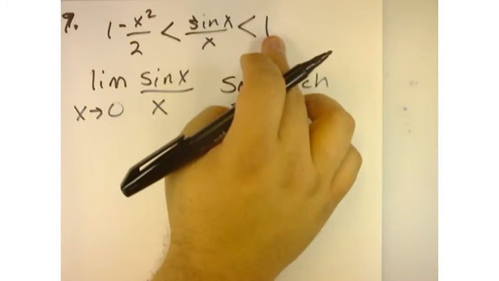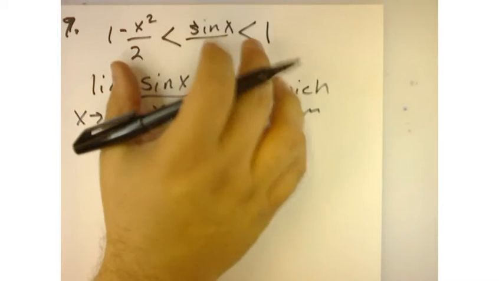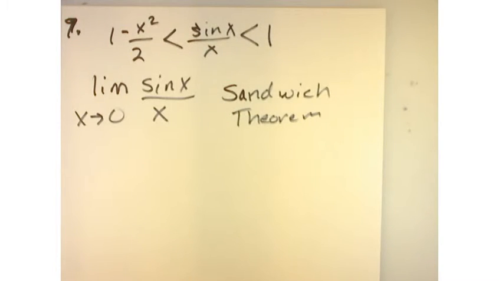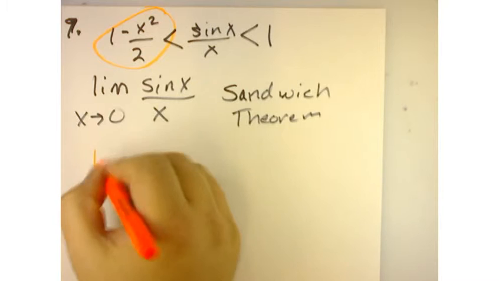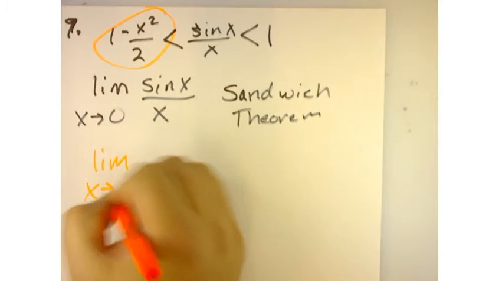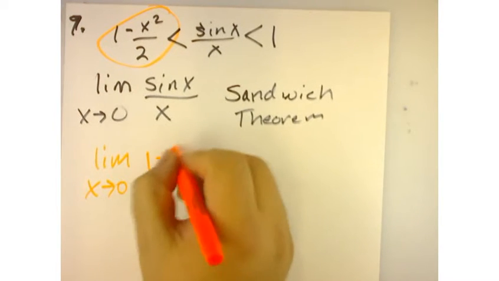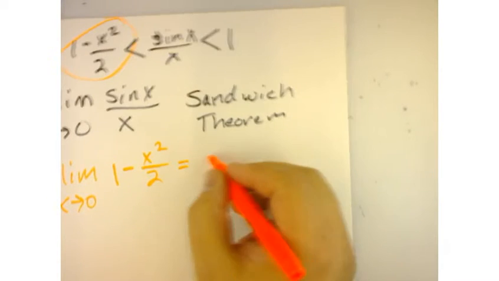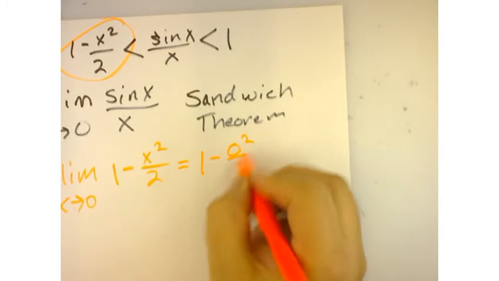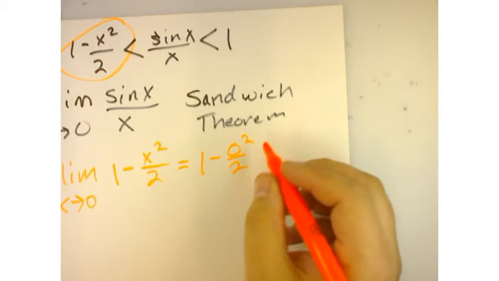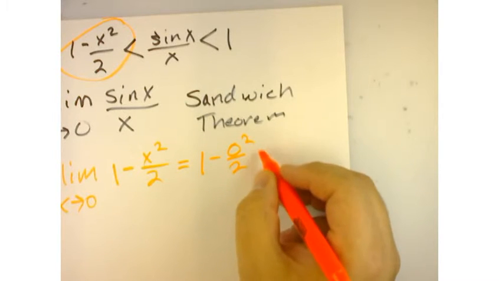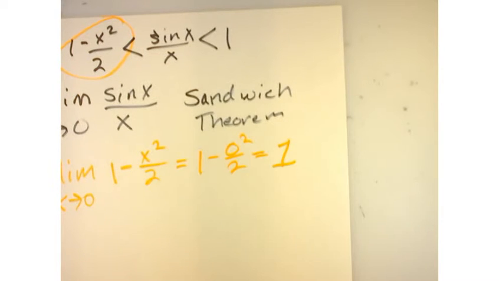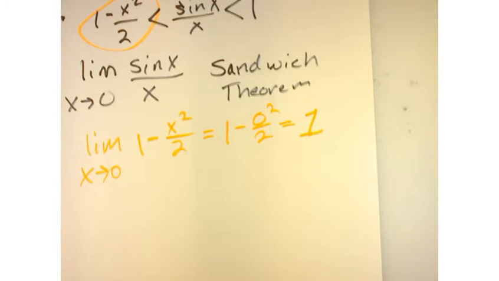And so what happens is if we take the limits of both of these functions, in other words, if I look at the lower boundary and I take the limit as x approaches 0 of 1 minus x squared over 2, well, when I plug that in, it's 1 minus 0 squared over 2. 0 squared is 0, divided by 2 is still 0, and if you take 1 and subtract 0 from it, I get 1. Okay? So now, that's the lower boundary.